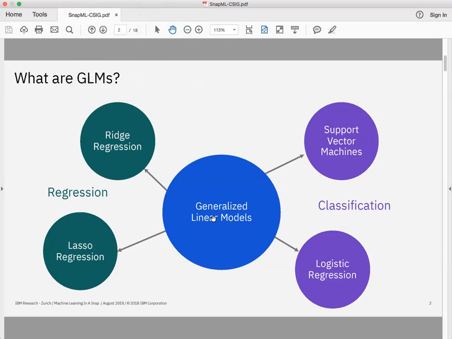So GLMs are generalized linear models, which includes models for regression, such as ridge regression and lasso regression, and also classification. And classification models that we support includes support vector machines and logistic regression. So logistic regression is a bit of a confusing name.